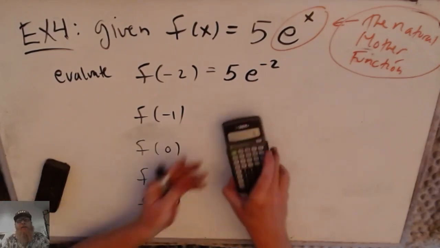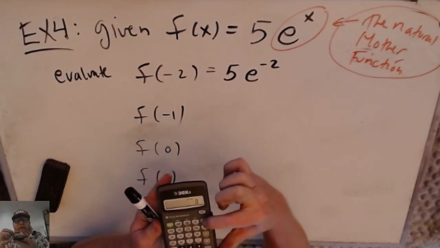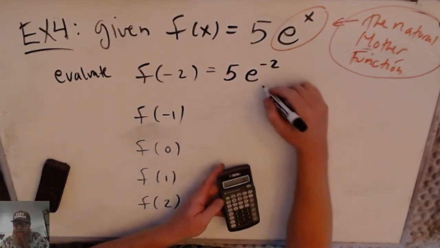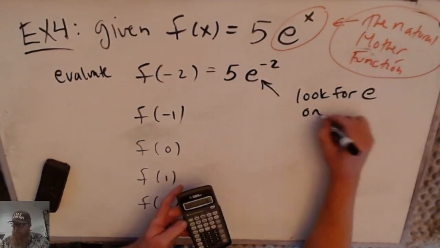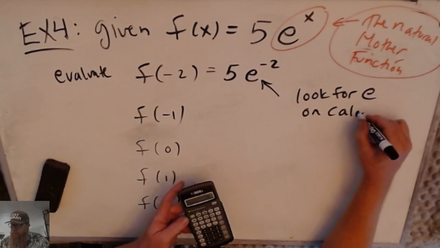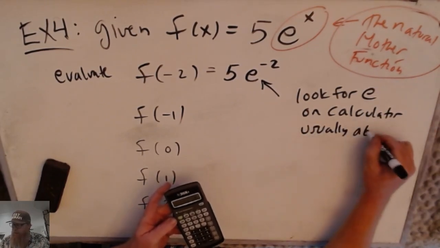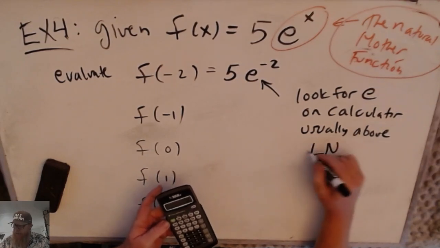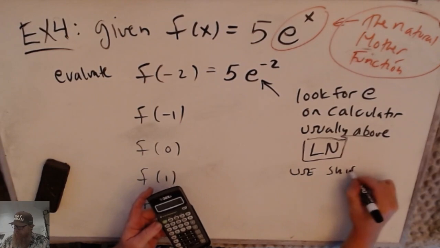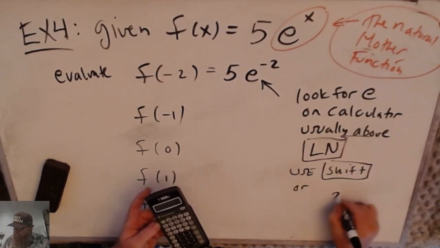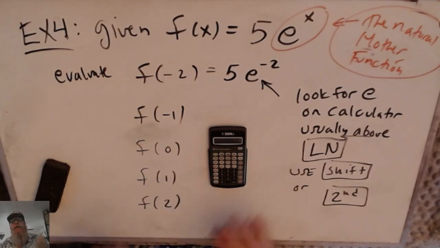It's typically located right about here. Look for the ln. It's usually above the ln key. Use the shift or the second function button, depending on what kind of calculator you have.